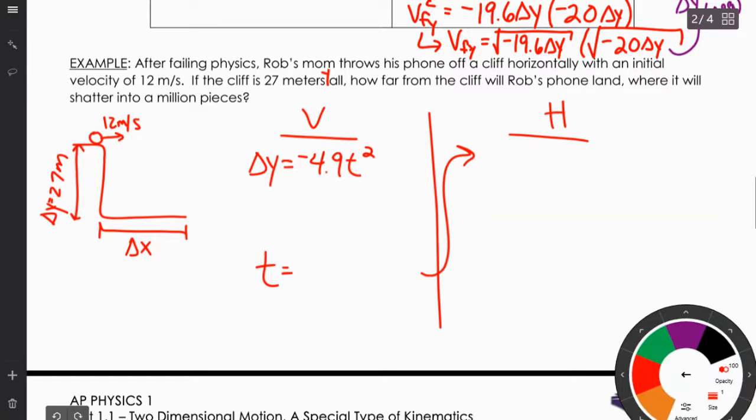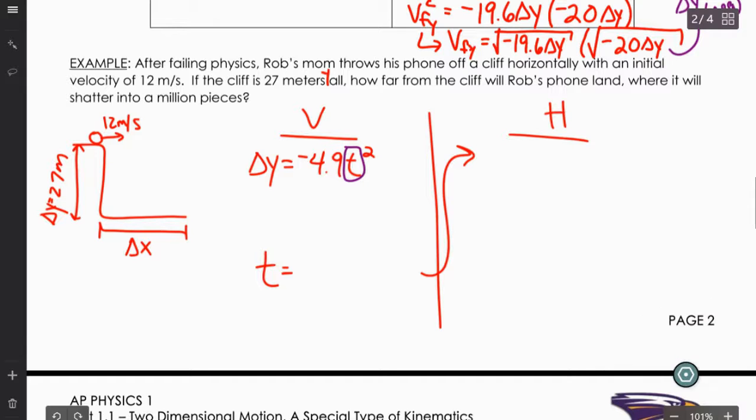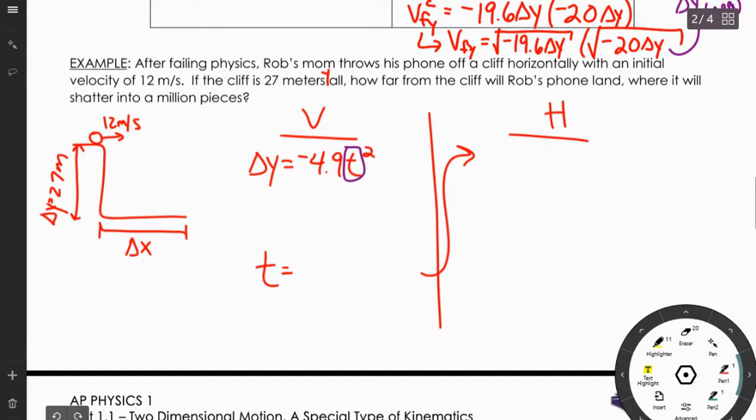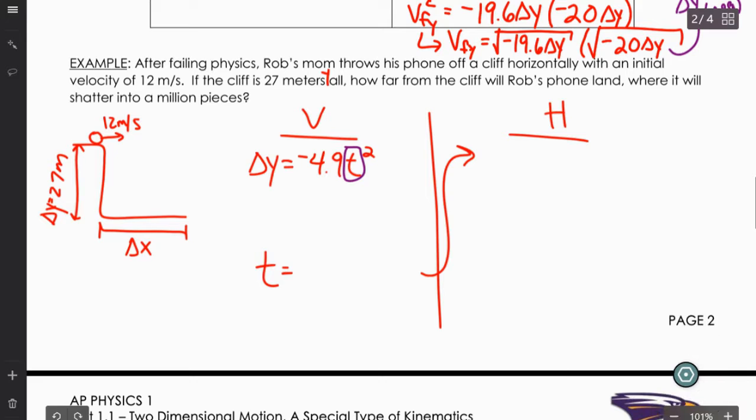This formula is not given to you, so I would memorize how these formulas break down as you go through projectile motion, because the solving is going to be the same regardless of whether you're looking for initial velocity or time.